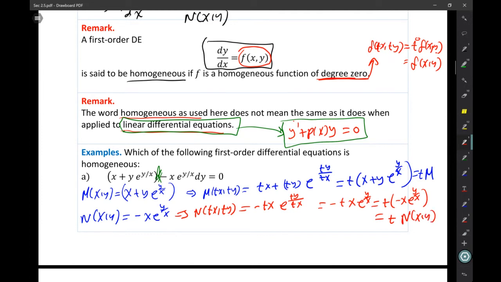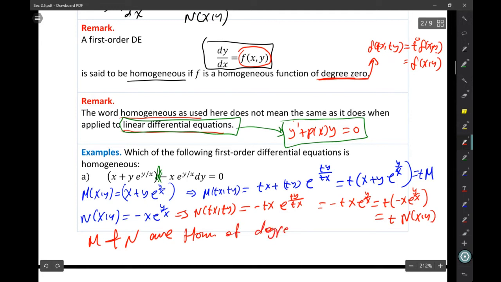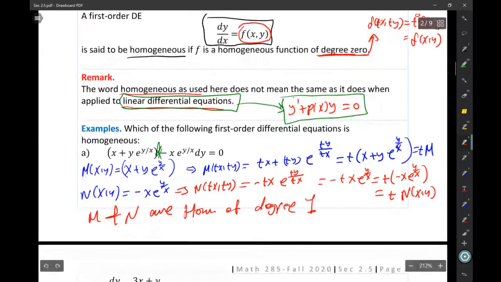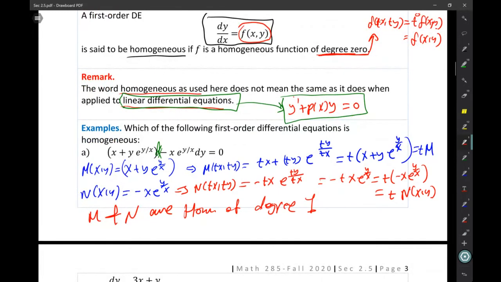Both of them are homogeneous of degree 1. Then the differential equation is homogeneous.